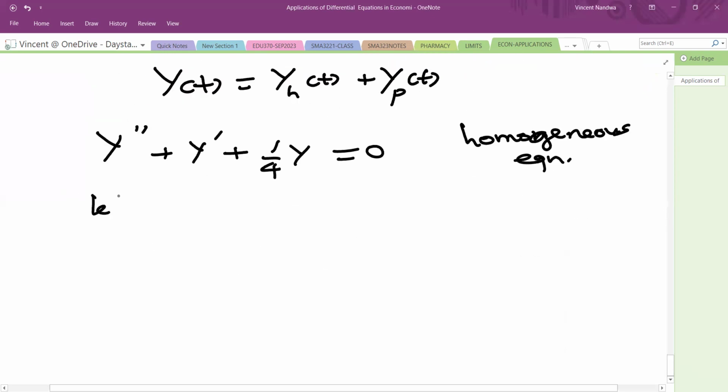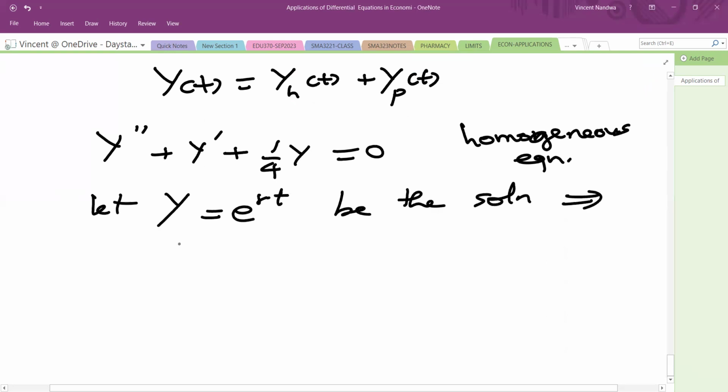Now we let y equals e raised power rt be the solution, which means y prime will be r e raised power rt, and y double prime will be r squared e raised power rt.